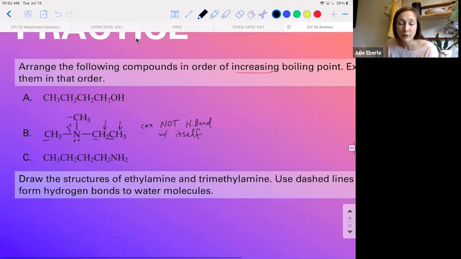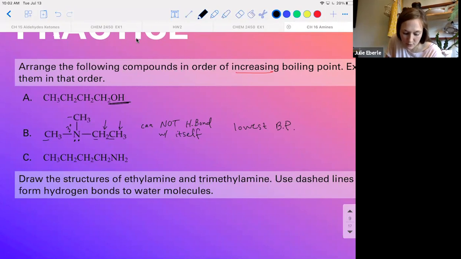So I agree with Robin. This one will have the lowest boiling point. Because if you look at these other 2, if you look at A, we know this can hydrogen bond, and the carbon content is the same. There are 4 carbons on all of these, so we're not judging them based on how many carbons are involved. We're simply looking at the electronegative groups and asking, can they hydrogen bond or can they not? This one can hydrogen bond, and it's OH.